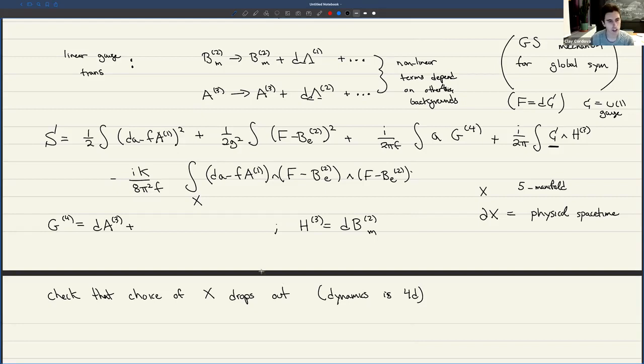And if you try to check that, you will find that you need some nonlinear terms in these field strengths G4 and H3. So what will you find? You will find that you need the following term here: BE wedge BE with some coefficient. And over here, you will need a similar kind of term with different backgrounds.